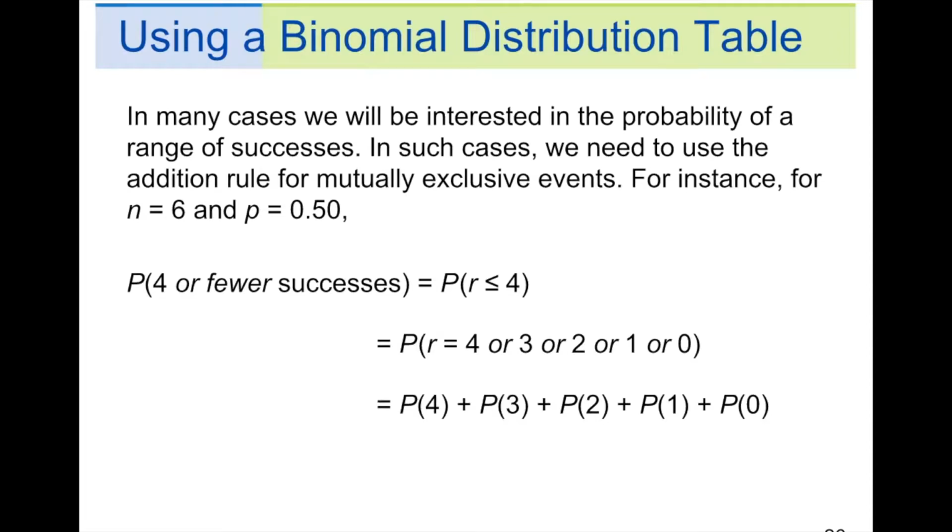For instance, for n equals 6 and p equals 0.5, the probability of 4 or fewer successes is the probability that r is less than or equal to 4, which is equal to the probability that r equals 4, or 3, or 2, or 1, or 0. So, or means add. So, probability of 4 plus probability of 3 plus probability of 2 plus probability of 1 plus the probability of 0.